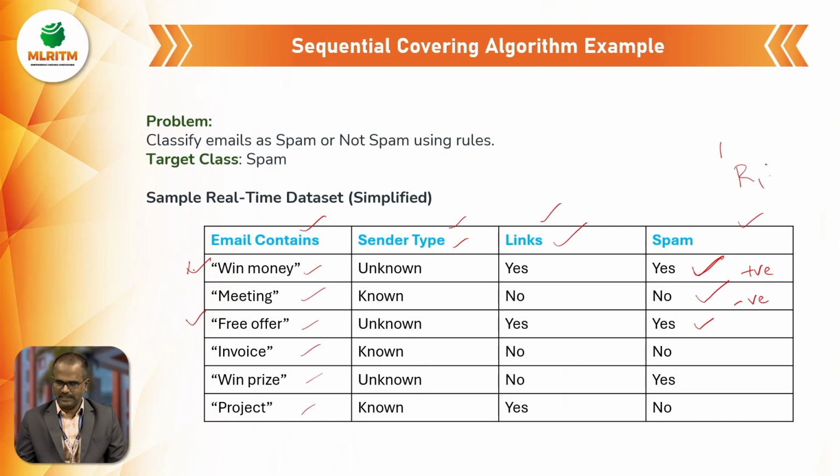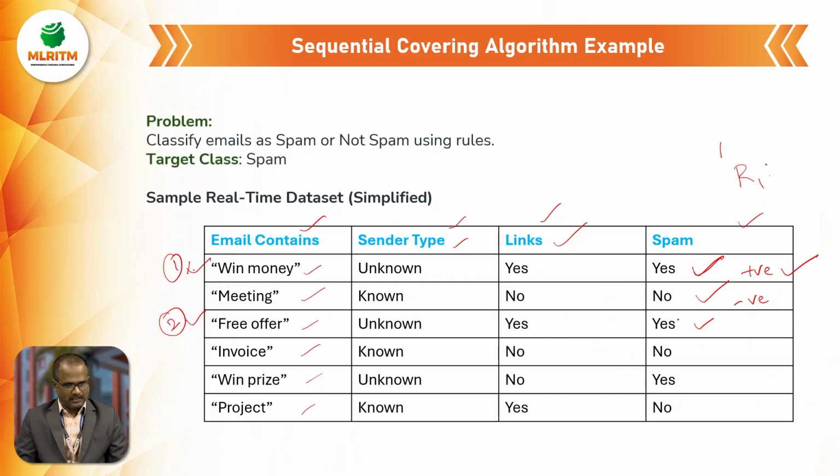When we observe the data set, that rule covers only 2 examples, this example and this example. See, win money and free offer, sender type is unknown, the result is spam. So, rule 1 covers 2 examples. Those are positive examples.